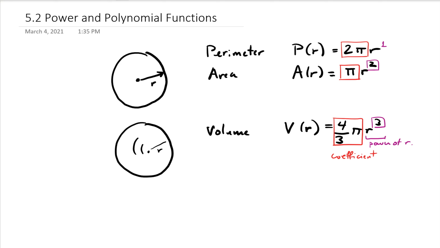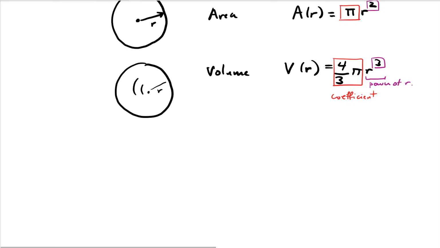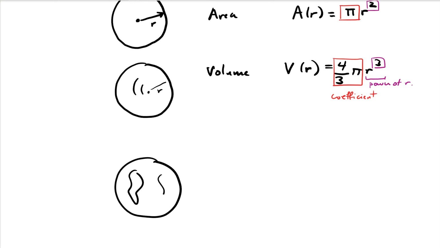So let's say you've got the Earth. Imagine this is the Earth here, with the continents, and you've got some astronaut over here that stands at a distance of d from the center of the Earth.